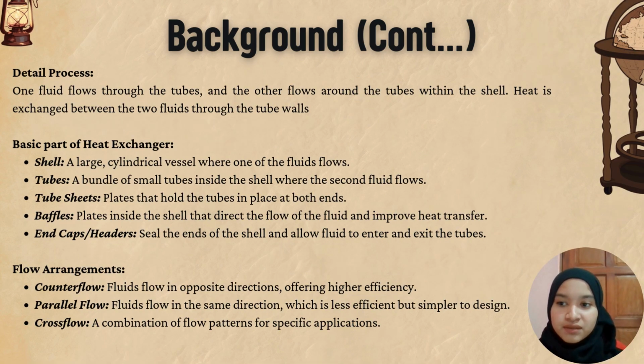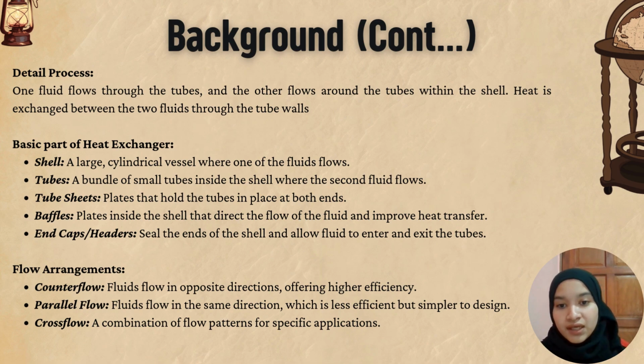Next, I will present the detailed process, basic parts, and flow arrangement of the heat exchanger. Detailed process of the heat exchanger: one fluid flows through the tube and the other flows through the turbine within the shell. Heat is exchanged between the two fluids through the tube wall.